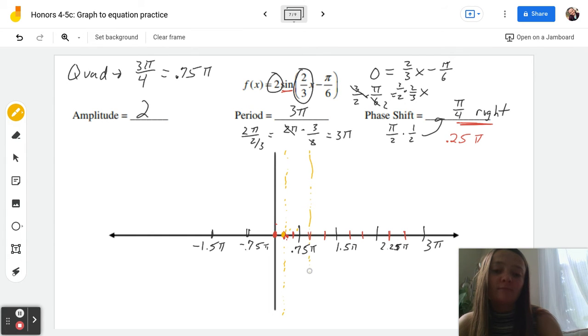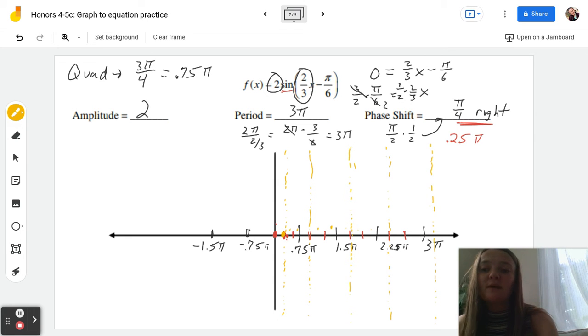And I'm going to do that again: 0.25, 0.5, 0.75. I know I did not draw this very well because they don't look super even. Here we go. I'm going to draw these quadrant lines to help me make a more accurate sketch, even though I didn't scale it very well.